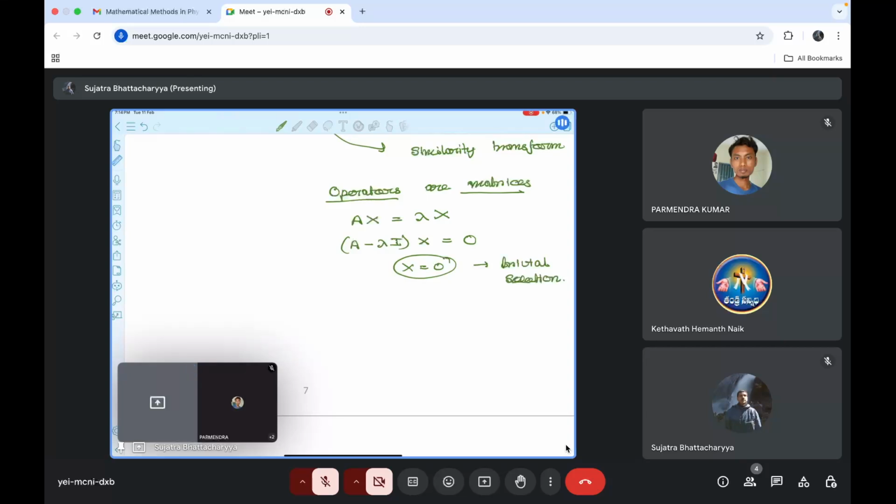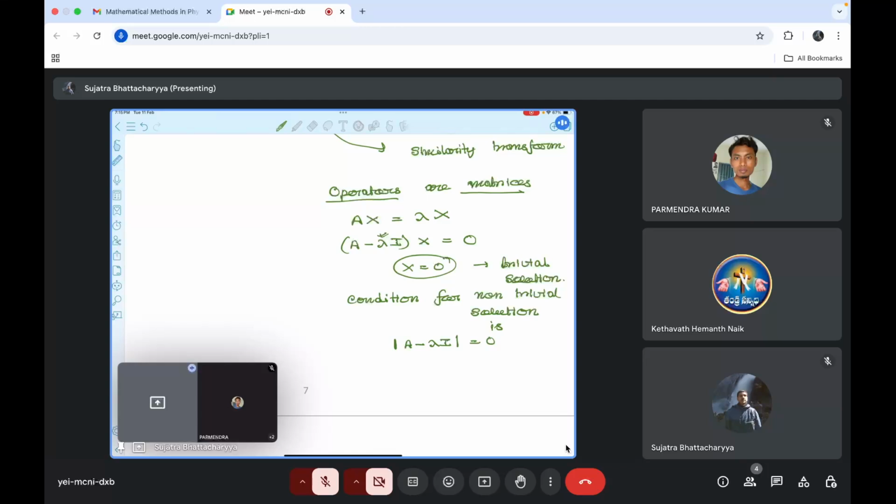But because we are trying to calculate the lambda, the condition for a non-trivial solution is that the determinant of A minus λI must be equal to 0.